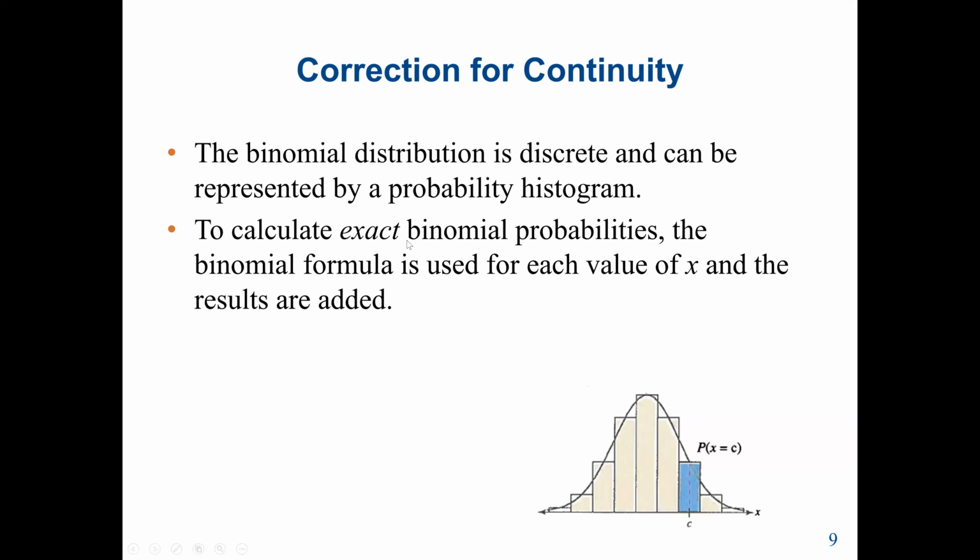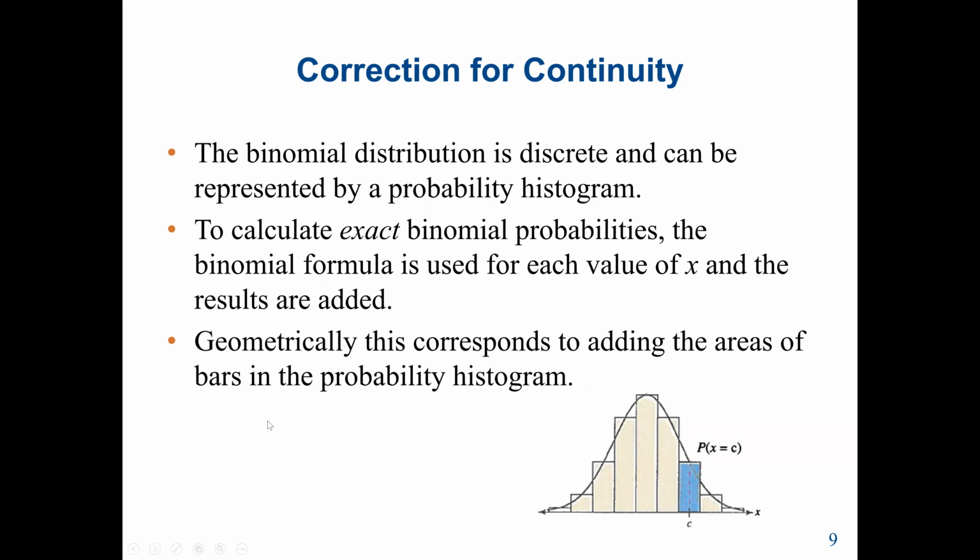To calculate the exact binomial probabilities, the binomial formula is used for each value of X, and the results are added together. Geometrically, this corresponds to adding the areas of the bars in a probability histogram. Each bar is an area.